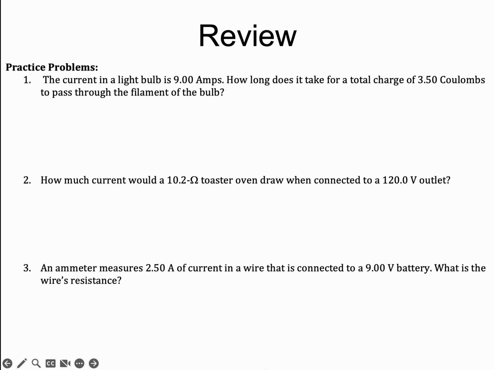So first of all, what we always do is identify our variables. In this case, we have the current. What's the variable used for current? Amps, yeah, that's the units. The variable? I. And how long does it take is what we're trying to find. How long does it take is another way of asking for T, time.